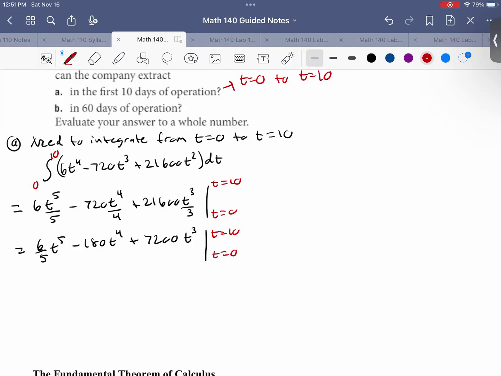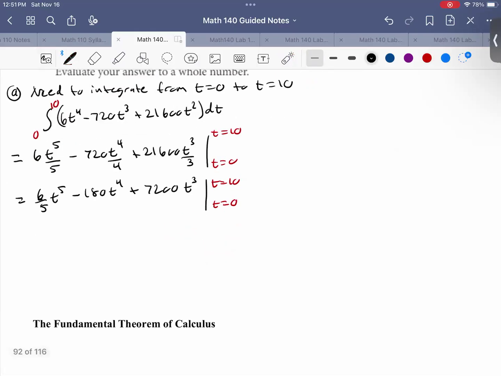What do we do with these endpoints? We plug them separately into the antiderivative we just found, so I'm going to have two different evaluations. In the first bracket, I plug in 10: 6 fifths times 10 to the fifth, minus 180 times 10 to the fourth, plus 7,200 times 10 cubed.